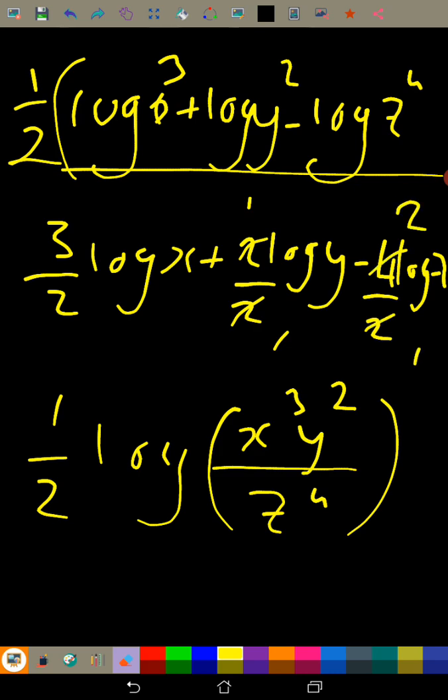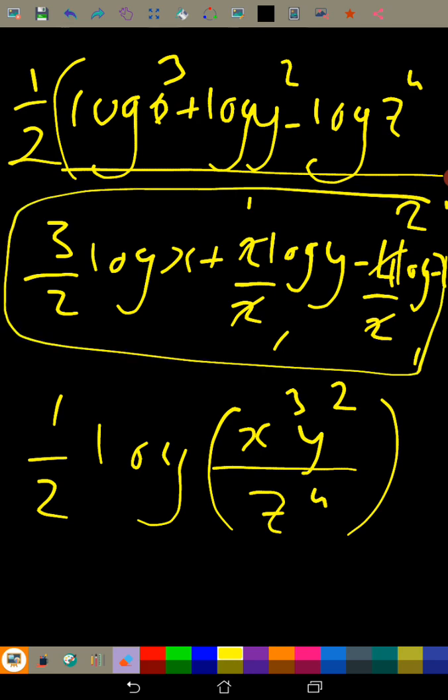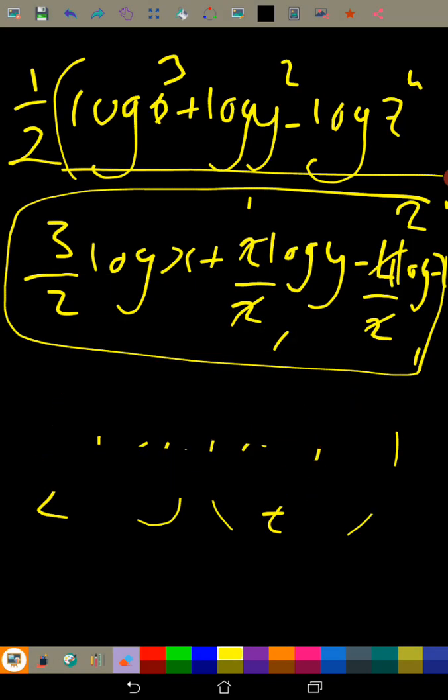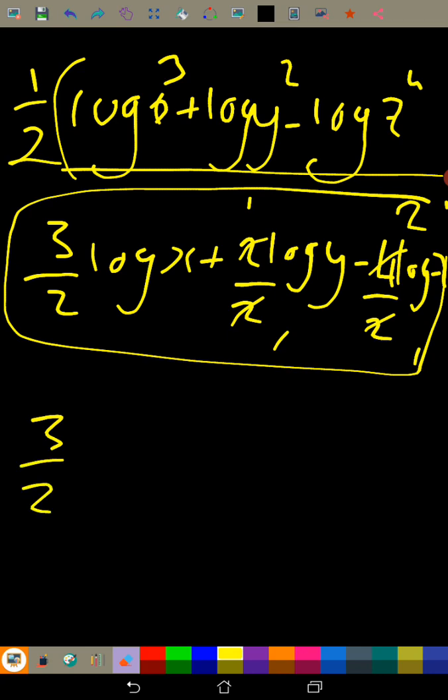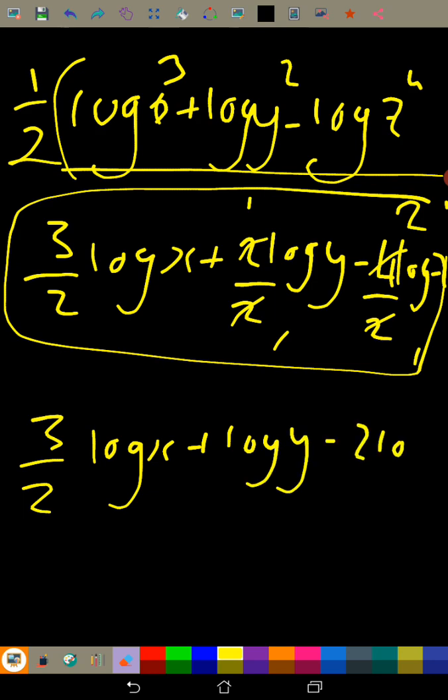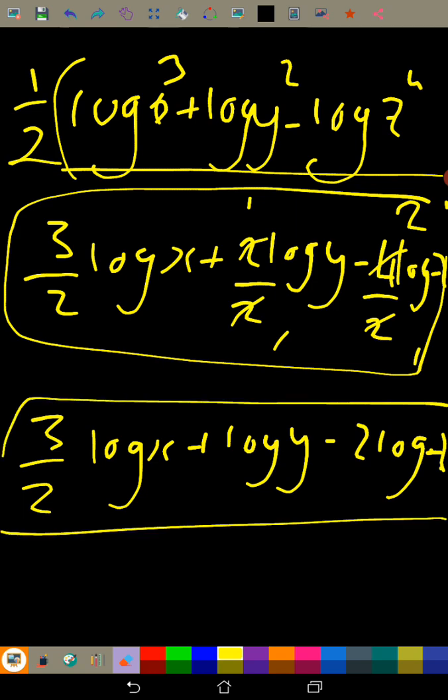So you can end up with something simpler. That's true, I didn't see this, but the answer is helping me to understand. Plus log y minus 2 log z. So that's the correct simplified answer, and this is just something in between, but it's still good. But just remember that this is for all of them, so if you multiply all the terms.